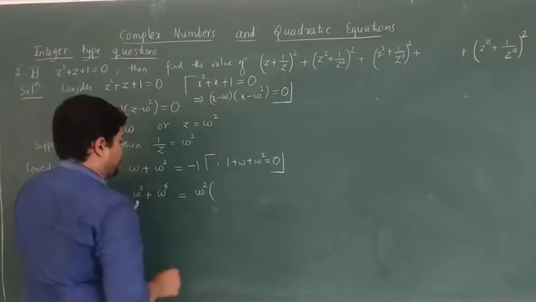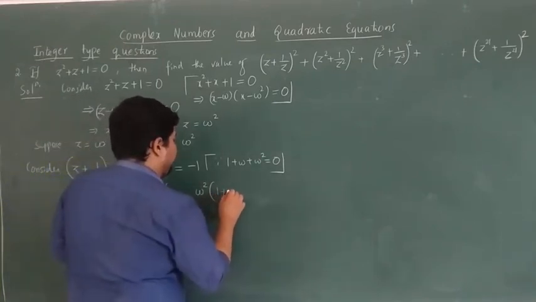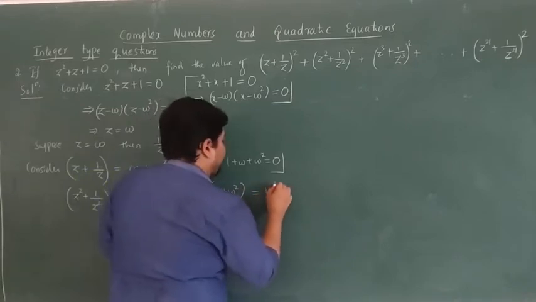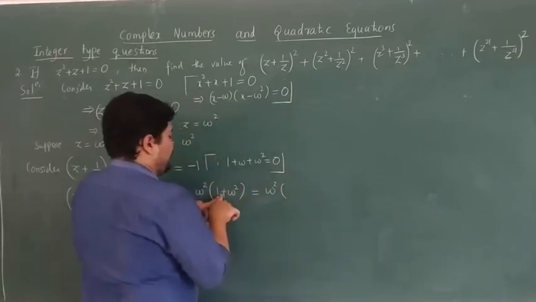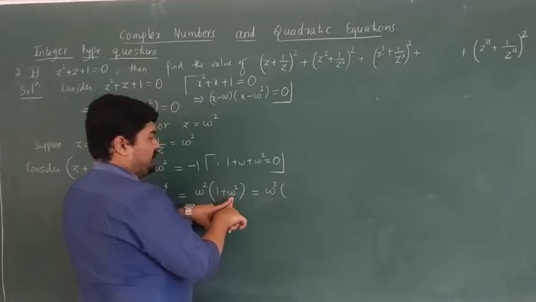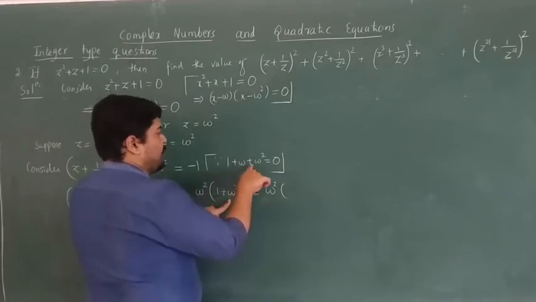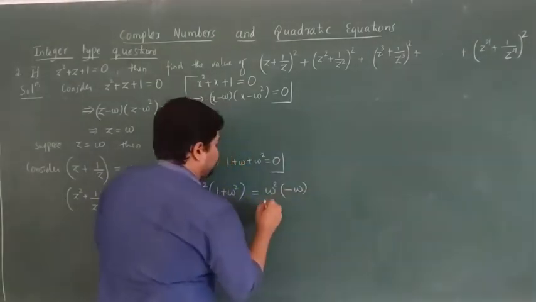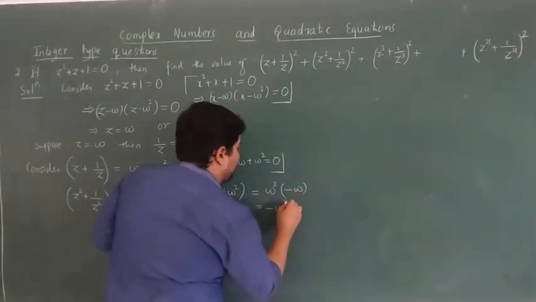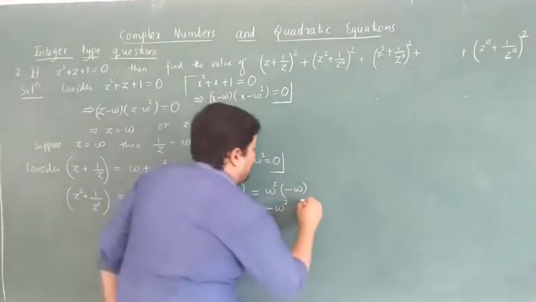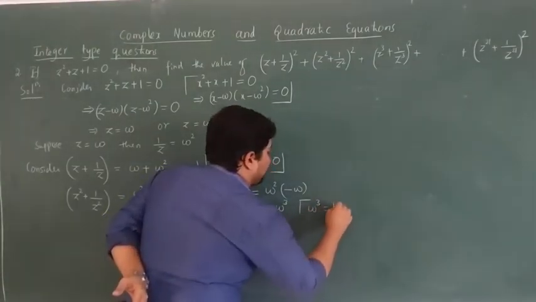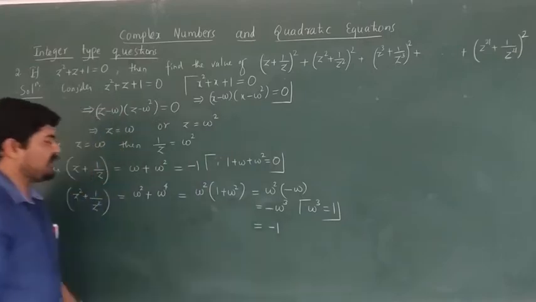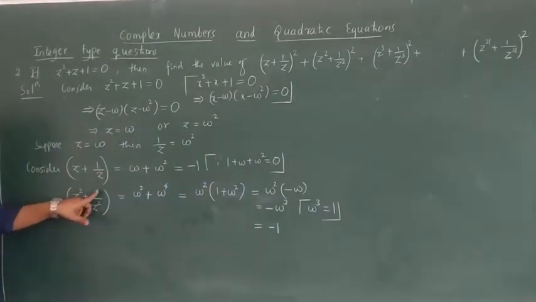You are just left with 1 plus omega square, that is equal to omega square into, here you are having minus omega, isn't it? 1 plus omega square must be equal to minus omega. Now this one can be written as minus omega cube. You know that omega power 3 is always equal to 1. Therefore you will get minus 1. This one is the expression for z square plus 1 divided by z square.